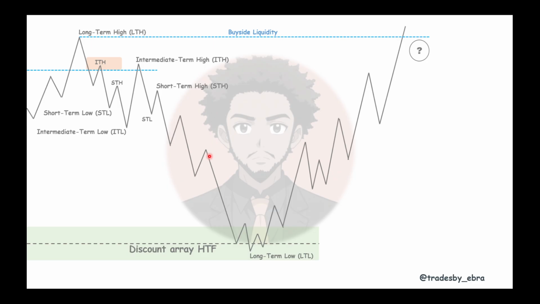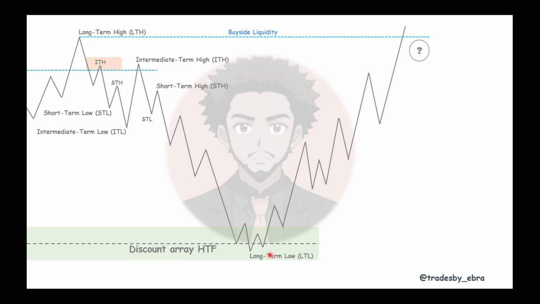So this is how institutional order flow works, because the market does two things: seeking liquidity and creating liquidity. Here it was seeking liquidity in discount, but now these higher highs, these old highs, are creating liquidity, then later it comes and takes them, and it does the same thing with sell-side lows, and it will come down and take them. So that's how the market moves, taking out liquidity like that. That's how we can anticipate market structure when we understand the institutional order flow.